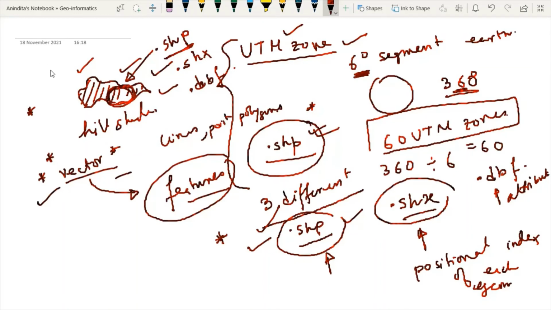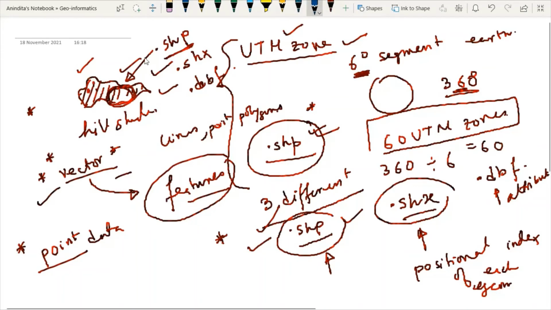Another kind of feature data is also known as point data. We have talked about raster, we have talked about polygons, which are also known as vectors and features, and we can also use point data, like points on some raster. This kind of data is stored in flat file format.